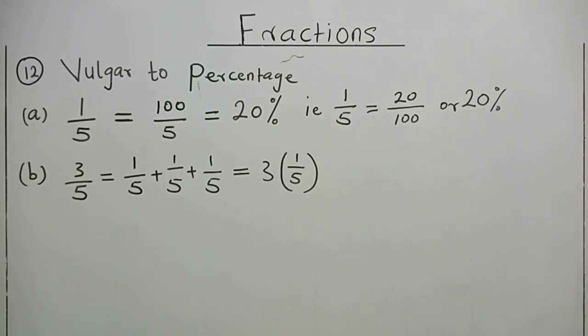Let's make progress. Don't forget that this 1 over 5 is the same 1 over 5 we had earlier converted to 20%. Also, we can convert this 1 over 5 to 20%. If I like, I'll just come here and replace this 1 over 5 with 20 and simply multiply that 3 by 20 to give us a result.